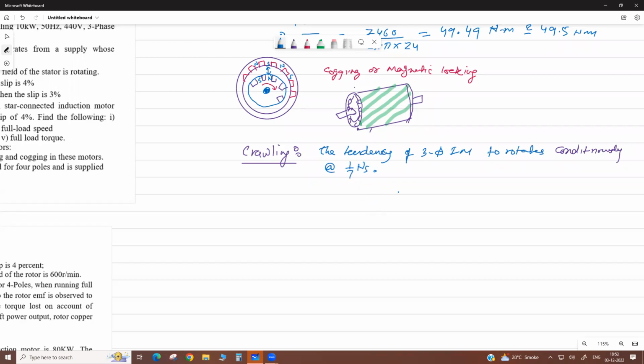To explain this crawling, we take the help of the torque versus speed characteristics. The torque versus speed characteristics of a 3-phase induction motor has a dip.